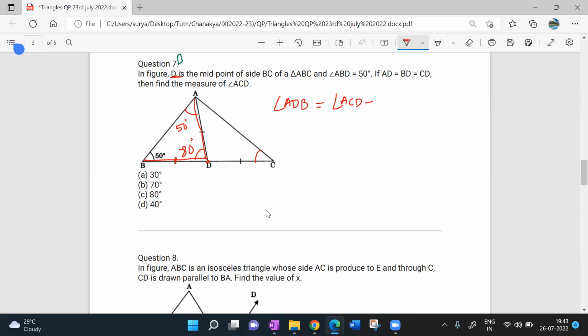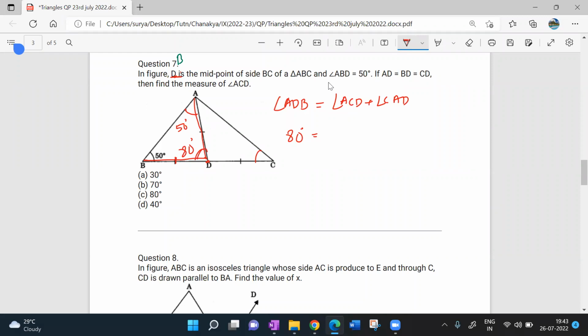We can use the angle sum property also, and the exterior angle property also can be used. The sum of two interior opposite angles equals the exterior angle.